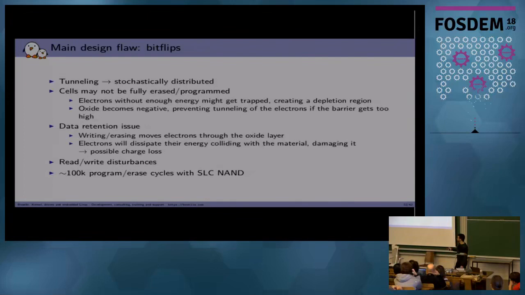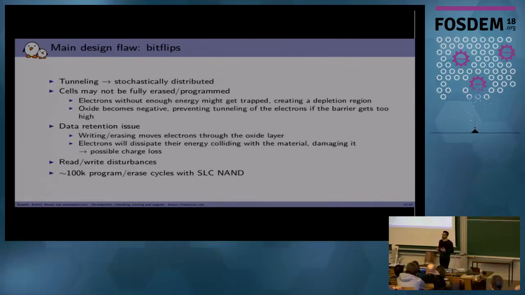Also, there is data retention. It's when you store data in one cell, you put your NAND away for months or years, maybe 10 years. You get it back, and when you look at the data in it, some cells that were programmed to 0 are actually 1, because the electrons, when they tunnel through the oxide layer, collide with material and damage it a bit.